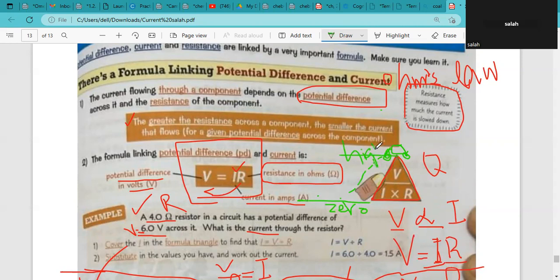So, what will happen to the stones which I have at the top of the mountain, Salah? What will happen to the stones when I release the stone from the top of the mountain? The stones will start flowing.